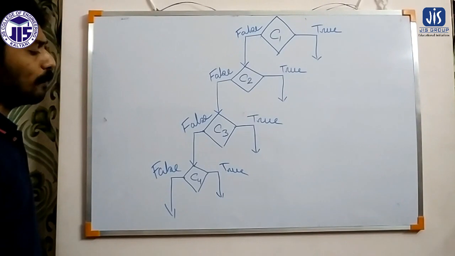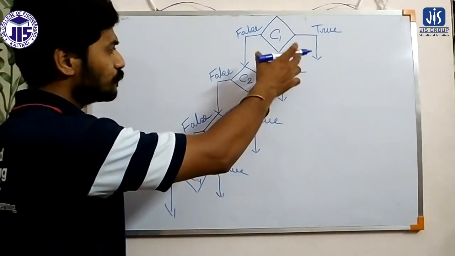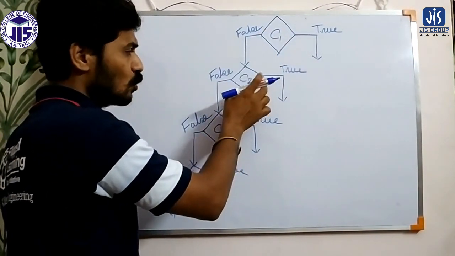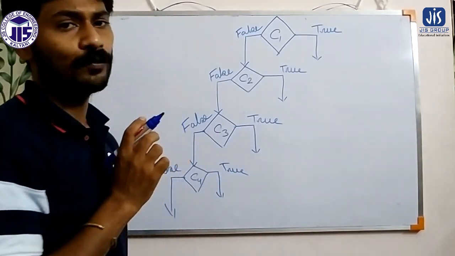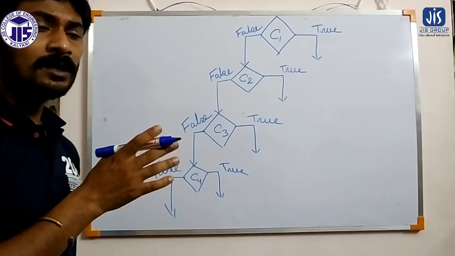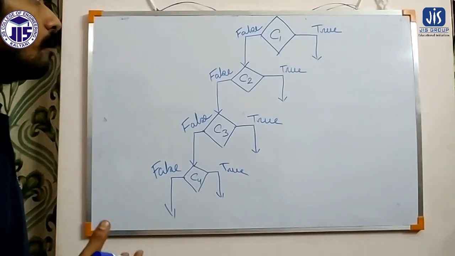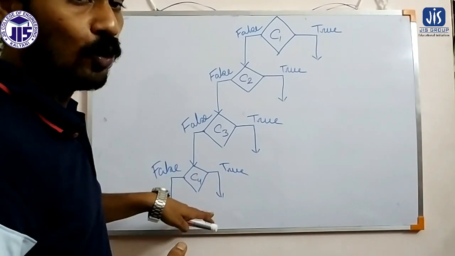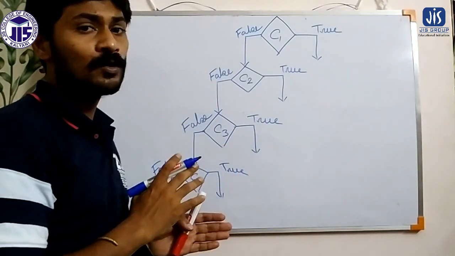In that way we can apply n number of conditions in one program. So if condition 1 is false, we check condition 2. If condition 2 is false, we go for condition 3. If condition 3 is false, we go for condition 4. This is not exactly similar to the logical OR operator, but you can see that to execute condition 4, all the previous conditions have to be false.